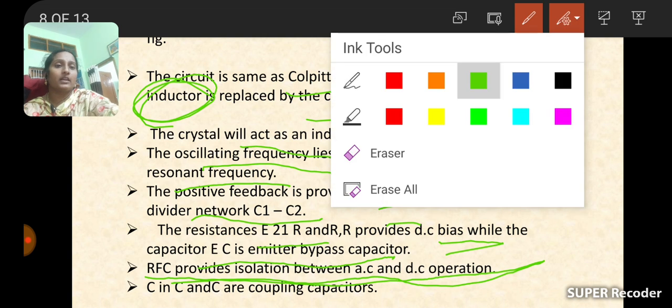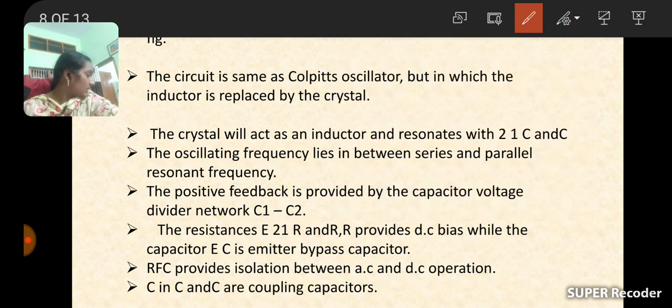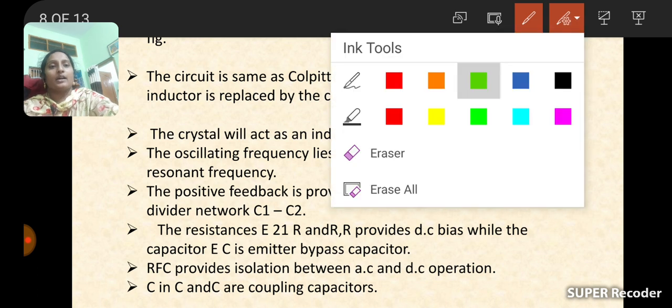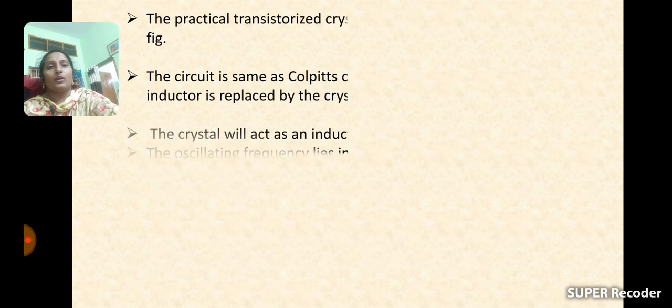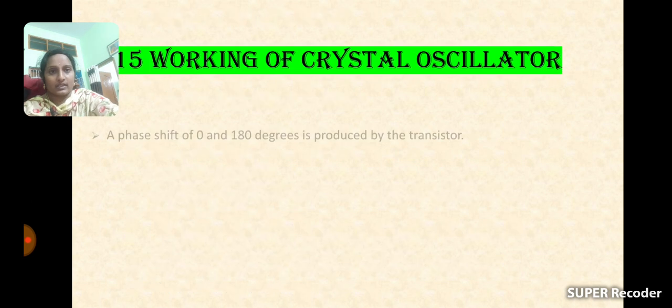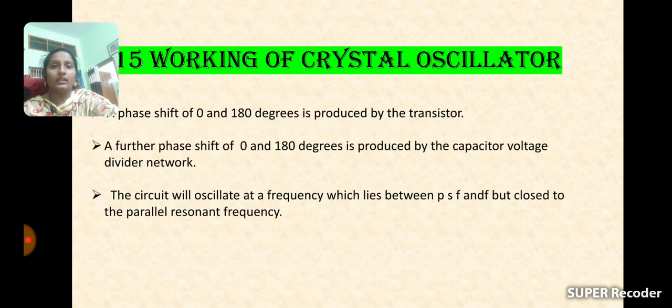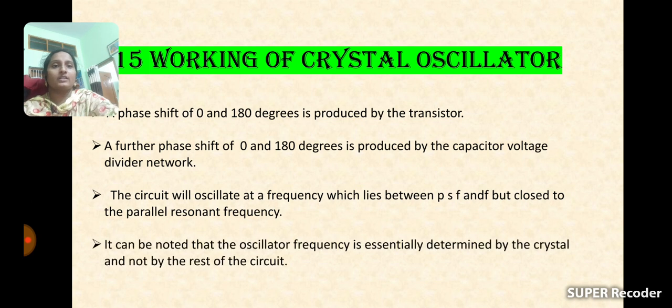The RFC is connected across the collector of the transistor, and the coupling capacitor Cin and the other capacitors are used to allow only the selective frequencies and block all other frequencies. Okay, so now the working of the crystal oscillator.